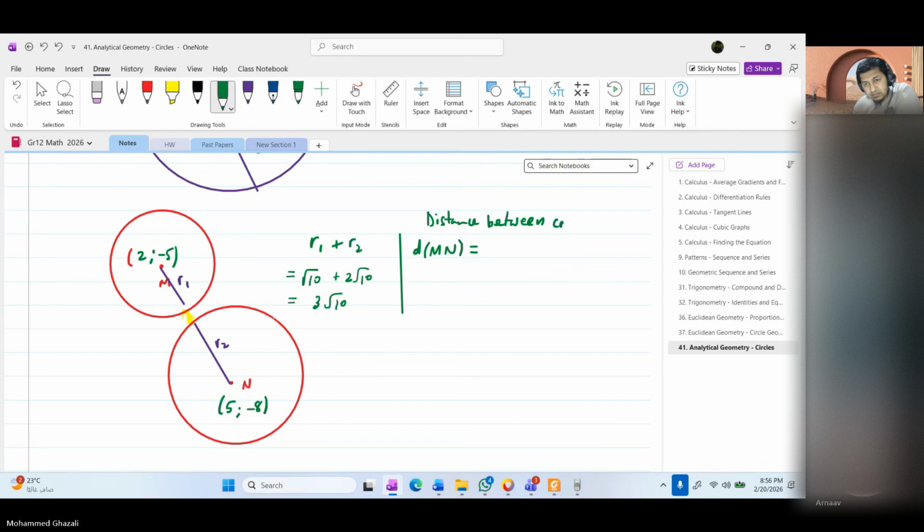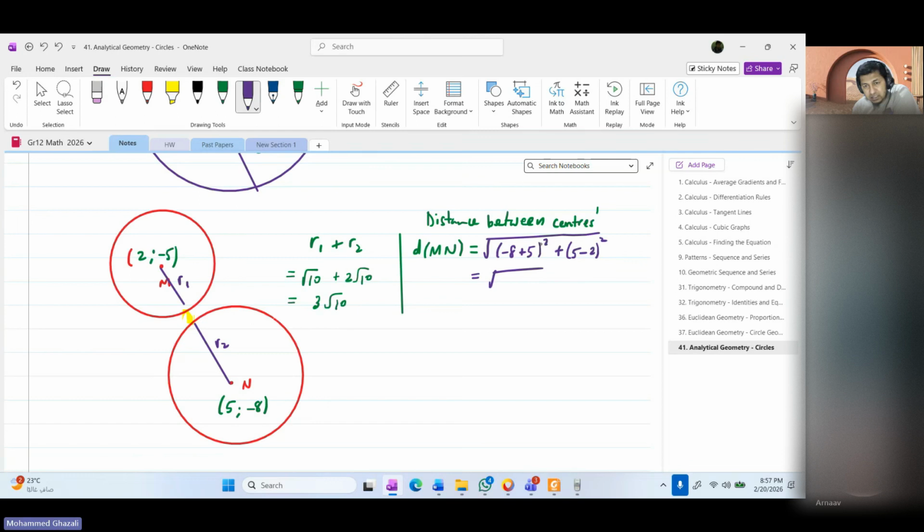Right. Now, what is the distance between the centers? You use the distance formula. So it's going to be -8 minus -5, so +5, all squared, plus 5 minus 2, all squared.